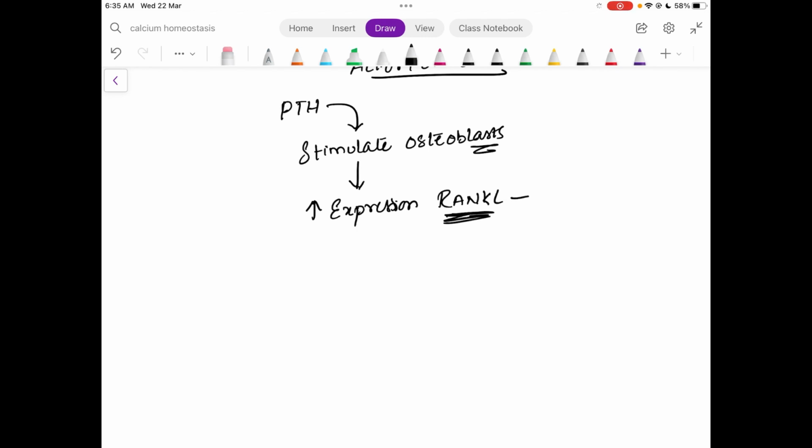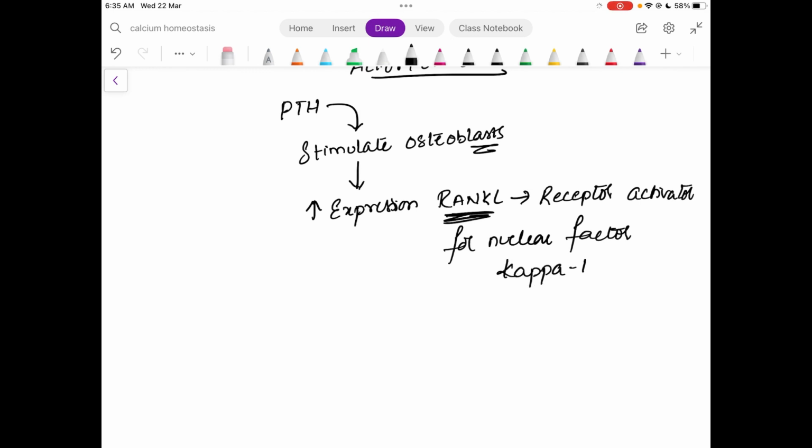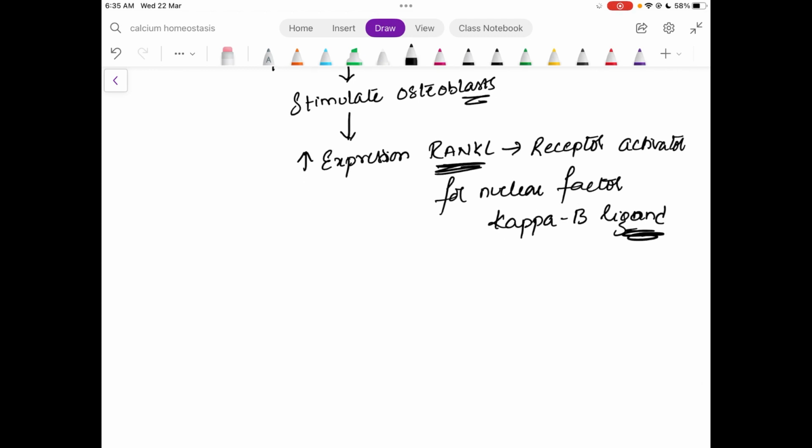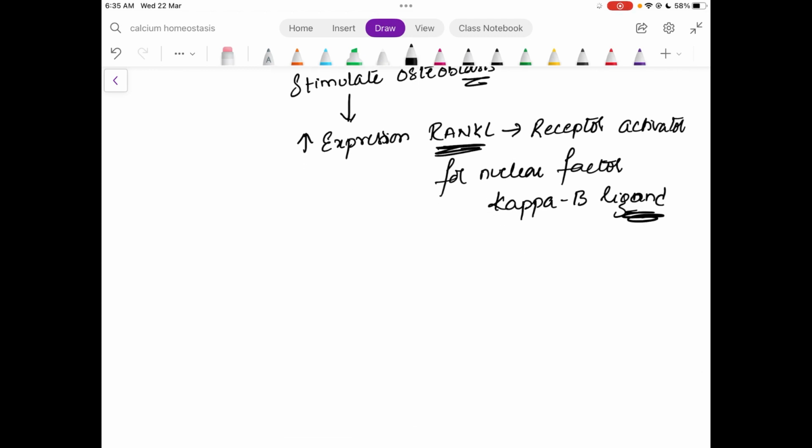What is this RANKL? This is receptor activator for nuclear factor kappa B ligand. Okay, this is the RANKL full form.